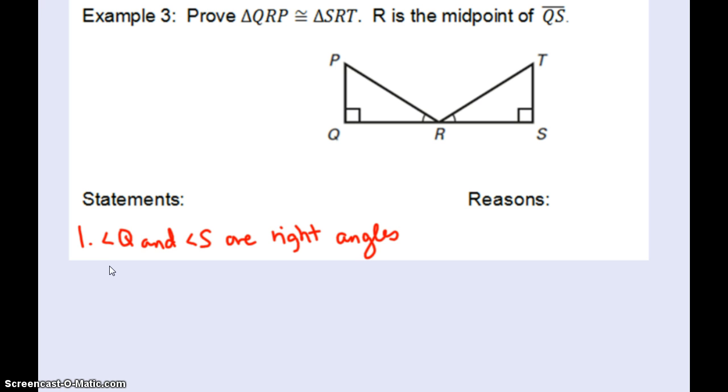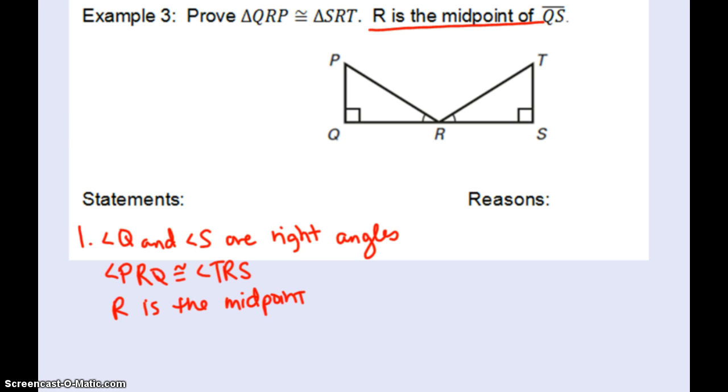I'm also given that angle PRQ is congruent to angle TRS. And one last piece of information you may have missed is that R is the midpoint of QS. So I just rewrite that: R is the midpoint of QS. And all of that is given.